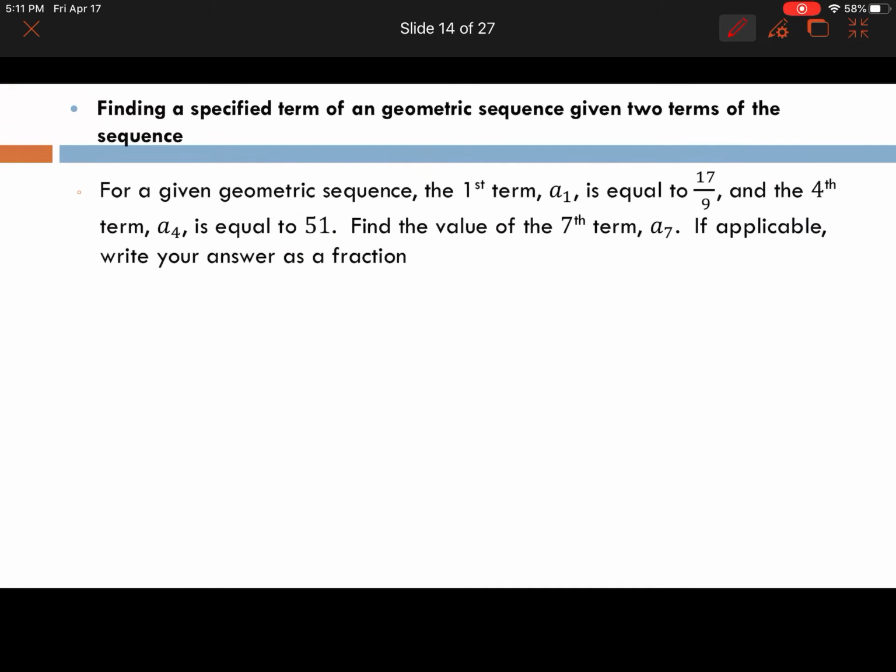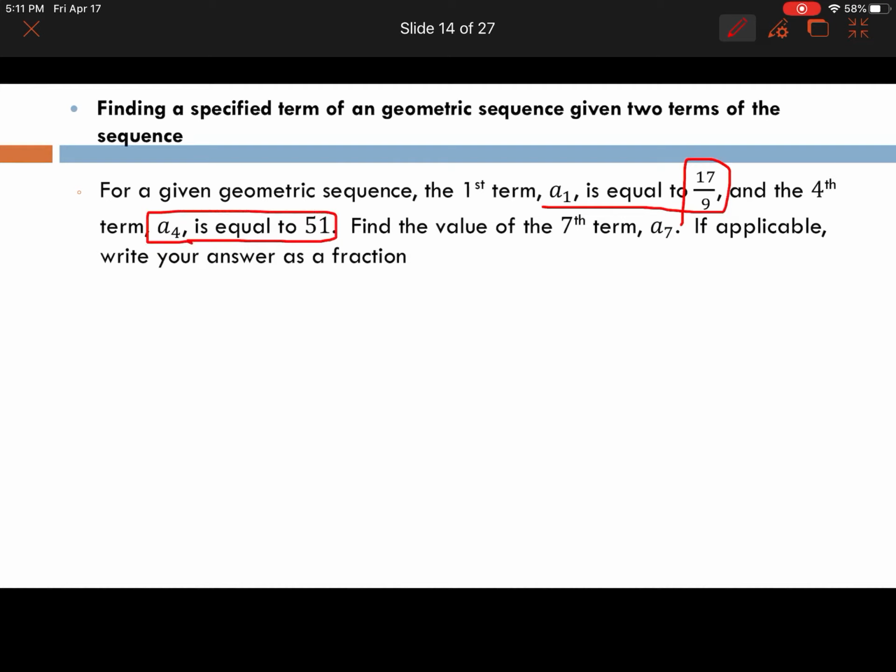Okay, so here's one more. Finding a specific term. So we know that a sub 1 is 17/9, and the fourth term is equal to 51. Find the value of the seventh term.